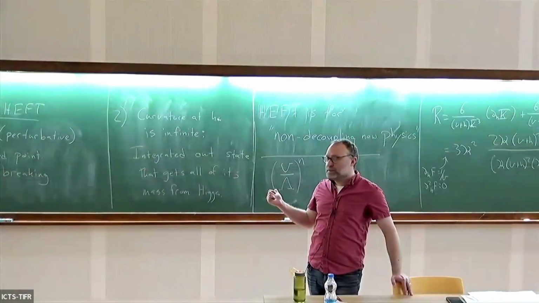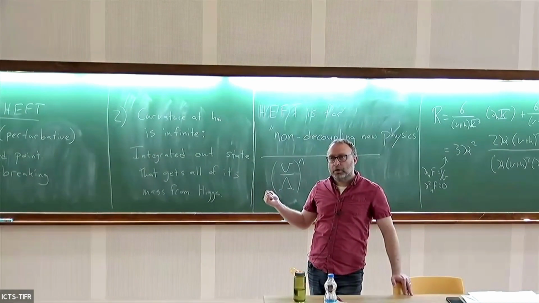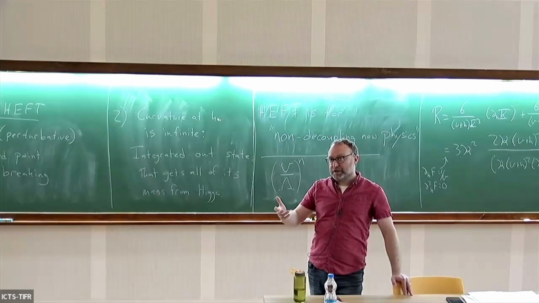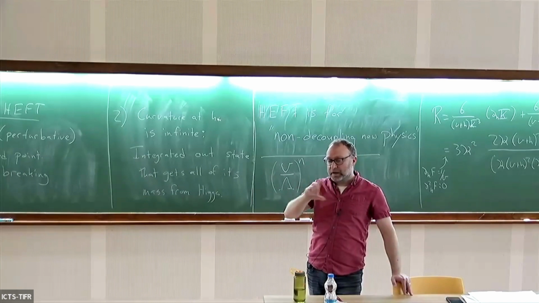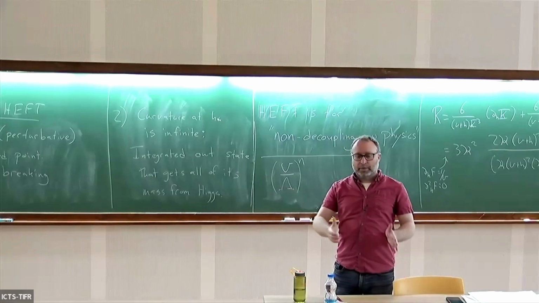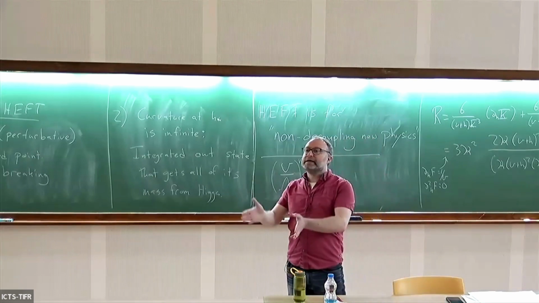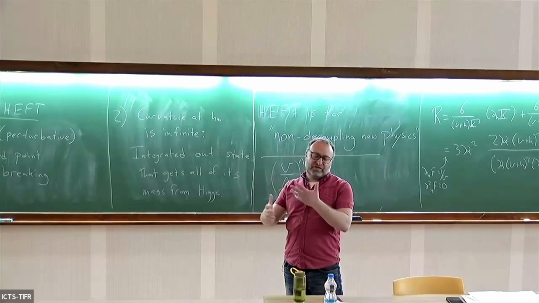If you're in this case where you have some non-decoupling particle, then we showed in the second paper in our series that you violate perturbative unitarity in processes that are basically pi to n Higgses, where n is order 5.